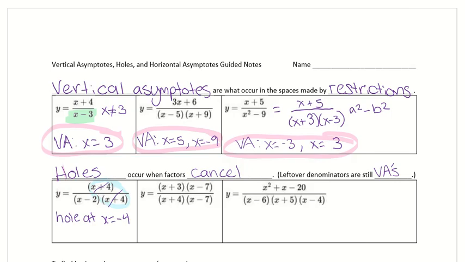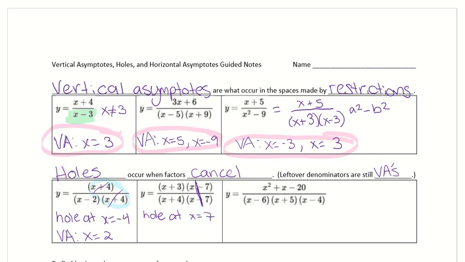So we'll go back and write that. We've got a hole at negative 4, and then we still have that vertical asymptote at x equals 2. Sorry, I don't know where that line came from. X equals 2. There we go. Okay, so this next one. When things cancel, that means there's a hole there. So we will have a hole at x equals 7.